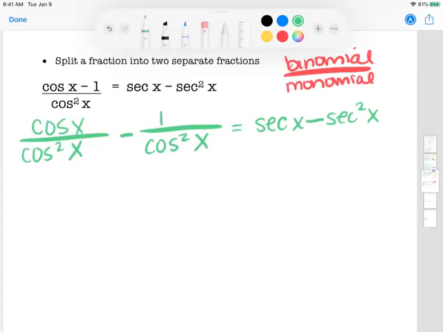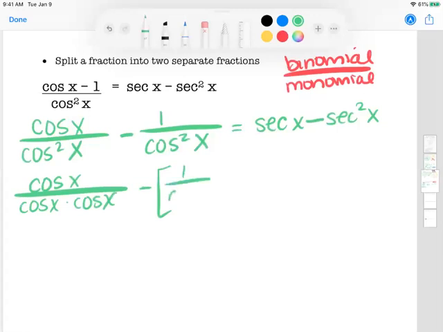Cosine squared x is cosine x times cosine x. So cosine x over, I can split that into cosine x times cosine x. And I can also change the other side to 1 over cosine x squared.